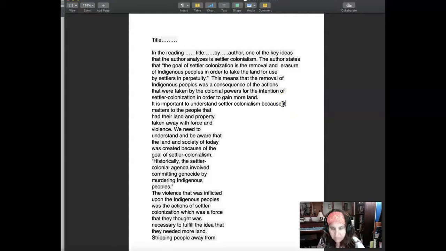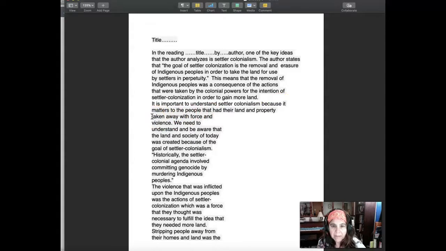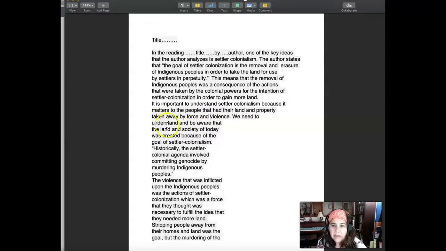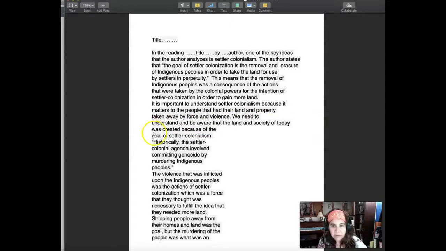Because it matters to the people that had their land and property taken away by force and violence. We need to understand and be aware that the land, so basically this is already written.